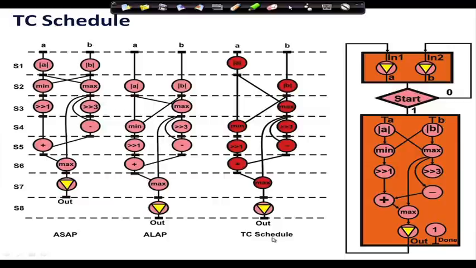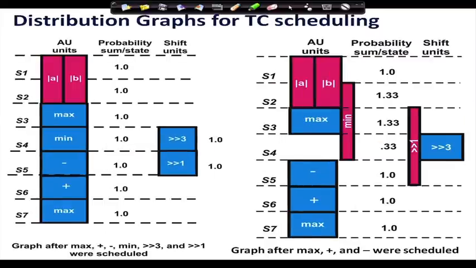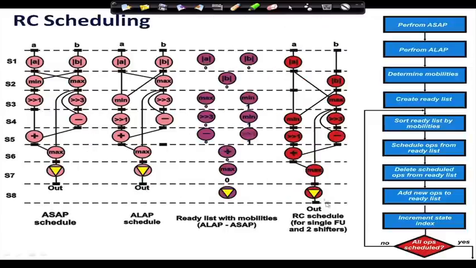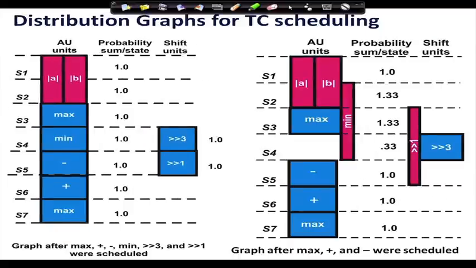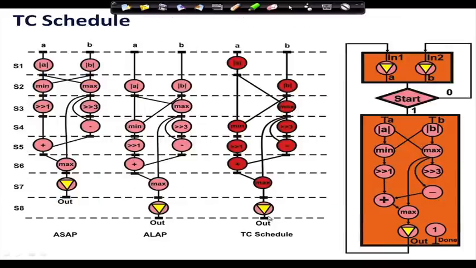Okay. And now, can you tell me how many functional units I am needing? No, why 1? I will need a shifter. Here these two are overlapping. So, I will need a shifter and one more functional unit. So, you see, I had done the resource constraint scheduling earlier here with single FU and 2 shifters, and there, since it was resource constraint, I went up to 8 steps, but for time constraint also I have come up to 8 steps and minimized on the resources.